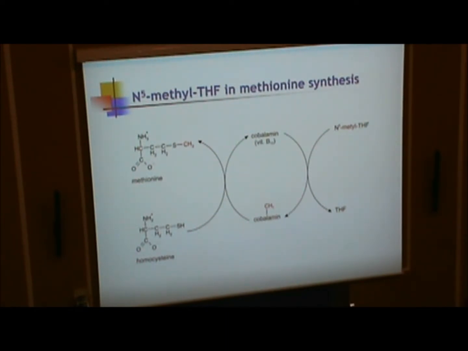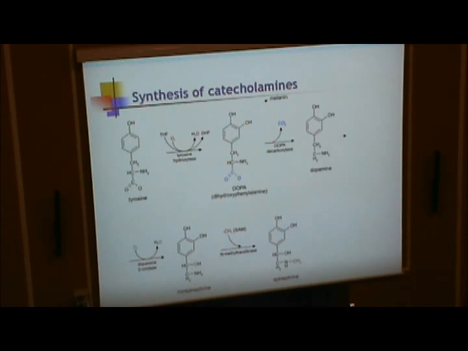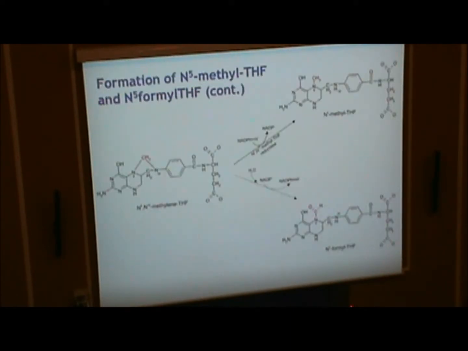So the N5-methyl tetrahydrofolate serves as a substrate in methylation processes.